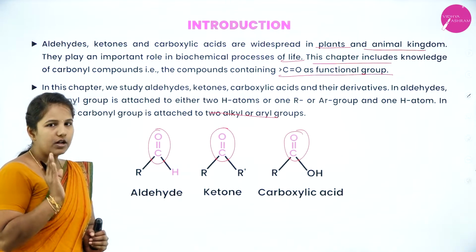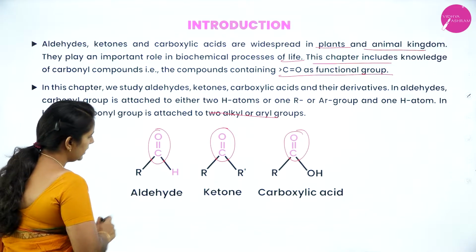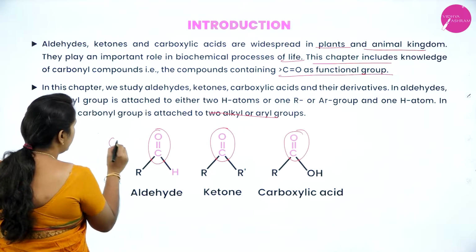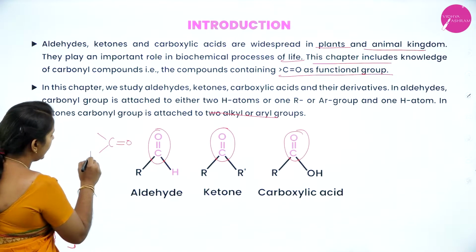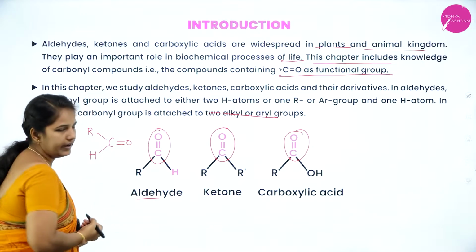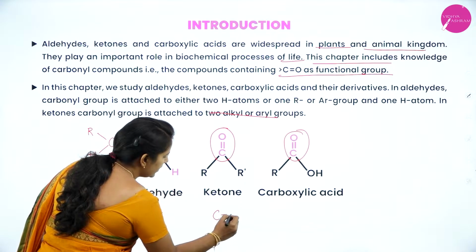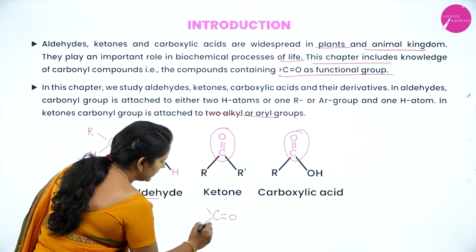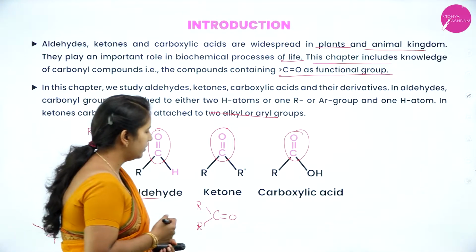Once a carbonyl group is there, if this carbonyl group is bonded with a hydrogen along with one alkyl group, then it is said to be an aldehyde. If this carbonyl group is bonded to two alkyl groups, we say it is a ketone.